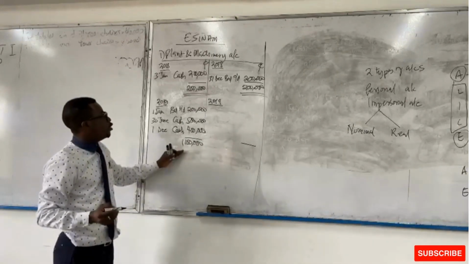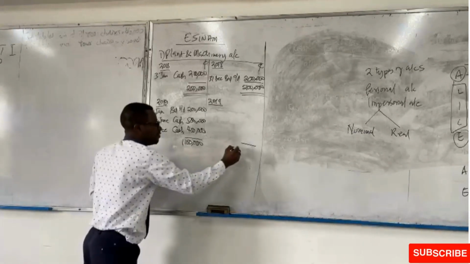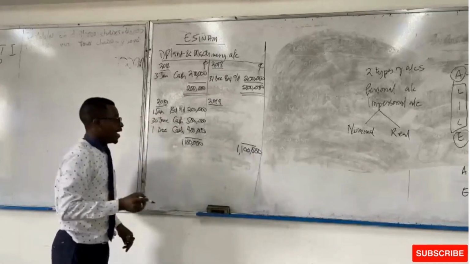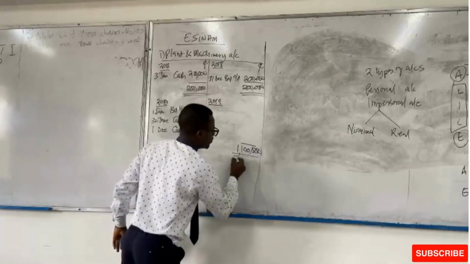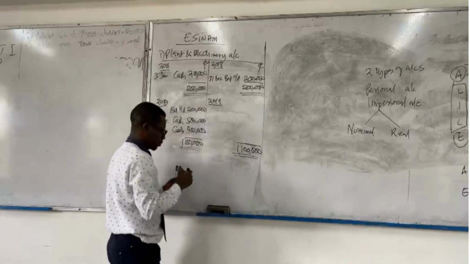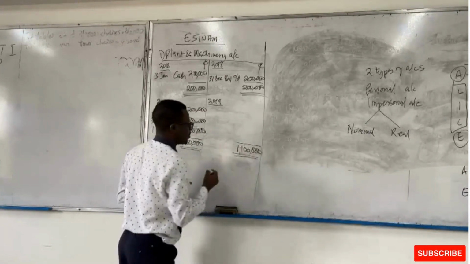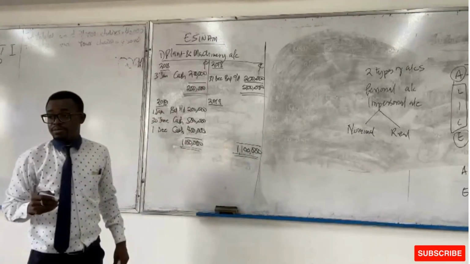Since it is a greater value on the debit side, I'll repeat the same value on the credit side, 1,100,000. And then I'll close off the account.